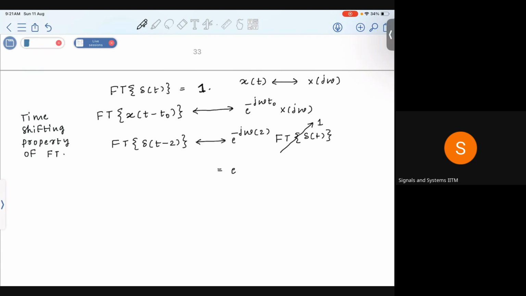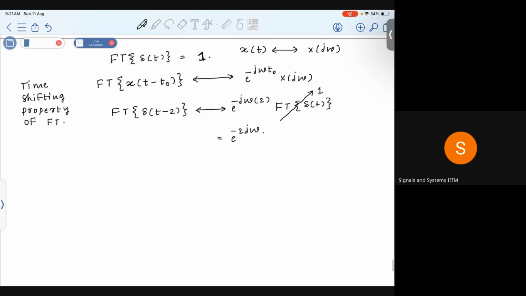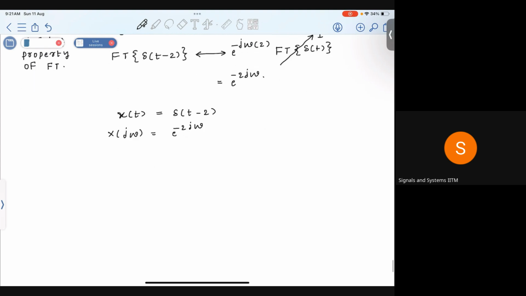So this is e power minus 2j omega, right? So for the given signal x of t, which is del of t minus 2, x of j omega is e power minus 2j omega. This can also be written as cos 2 omega minus j sine 2 omega, correct?